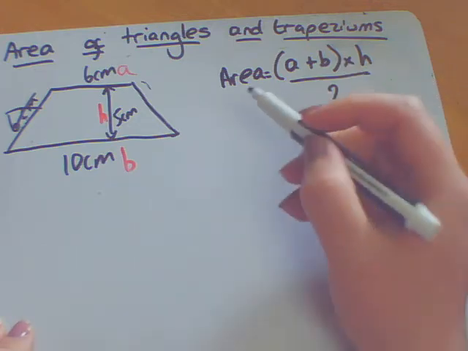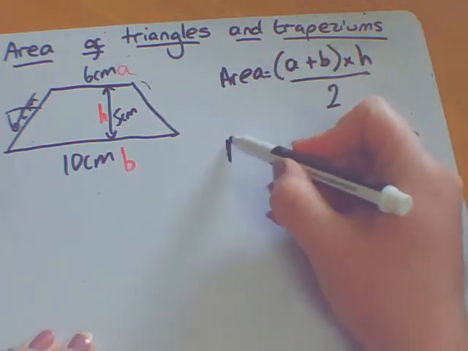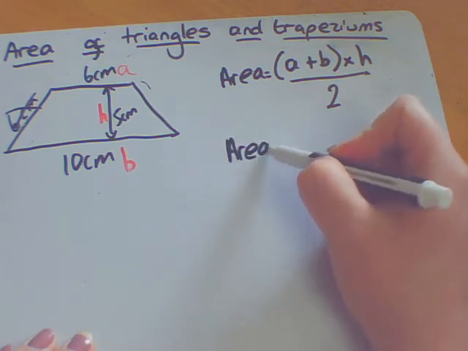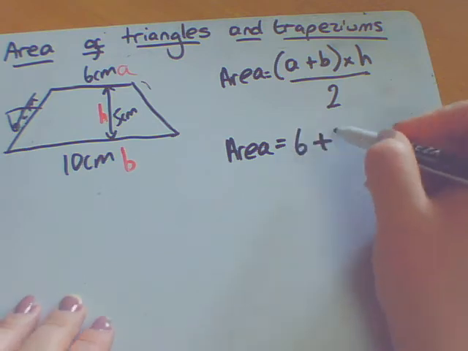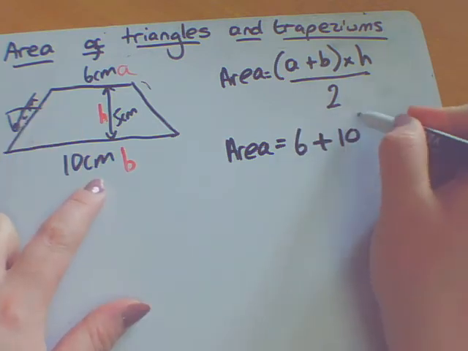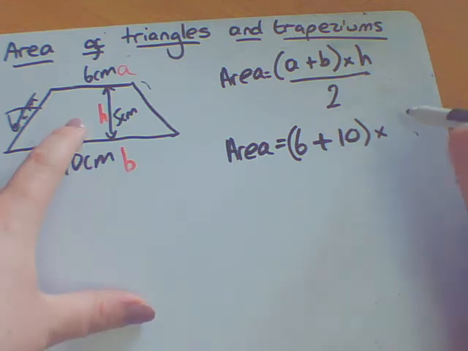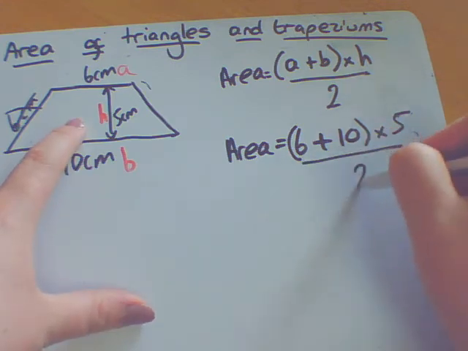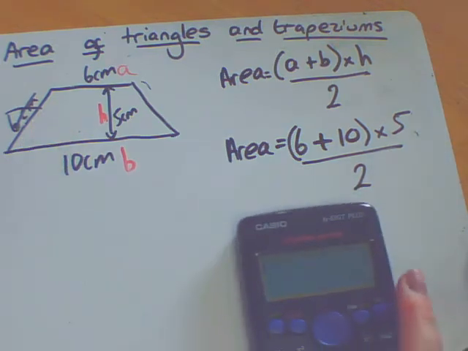And then again, it's a case of putting the numbers in and getting out an answer. Yes, you can use a calculator to help you. So you've got the area. So A, in my case, I've labelled as 6. B, I've labelled as 10. H, I have labelled as 5. And I want to divide that answer by 2. So again, if you want to use your calculator, you can do.